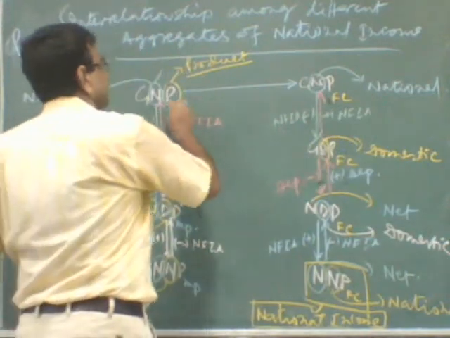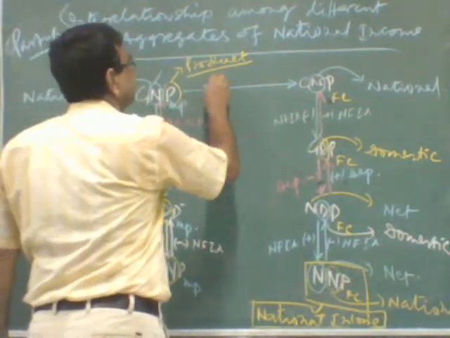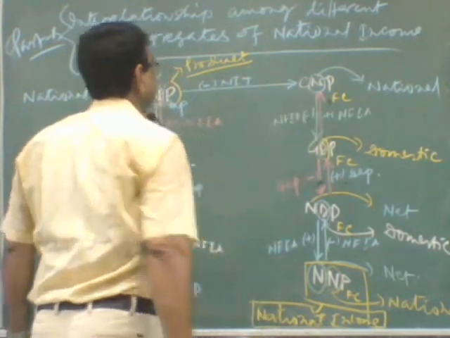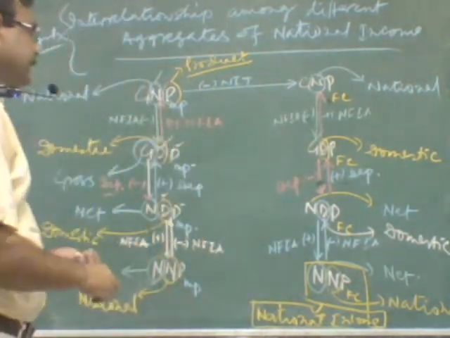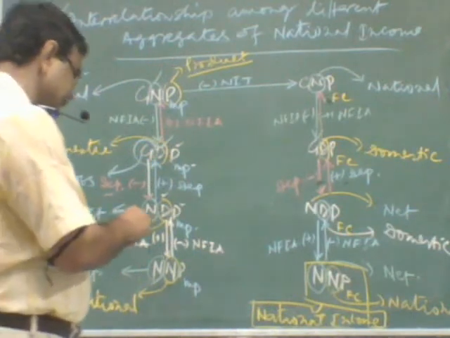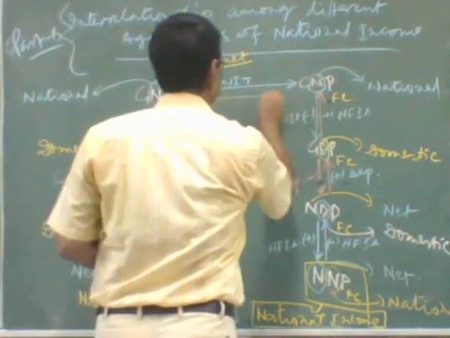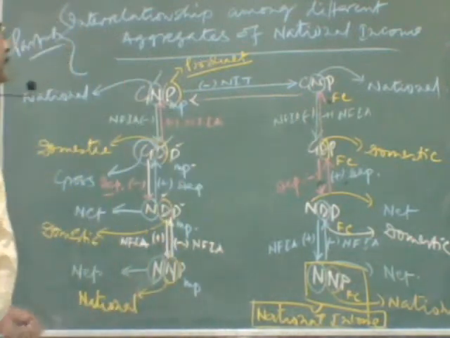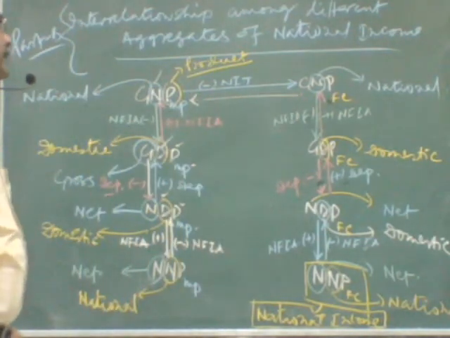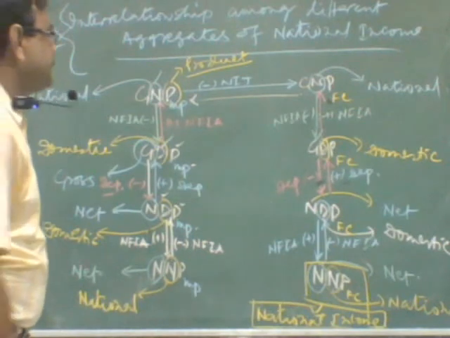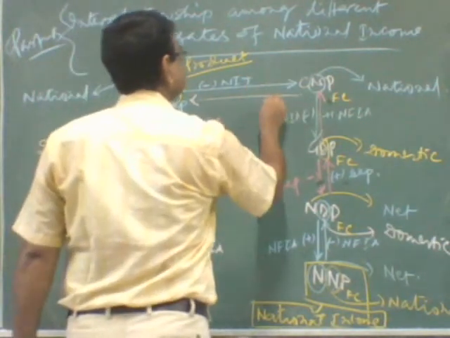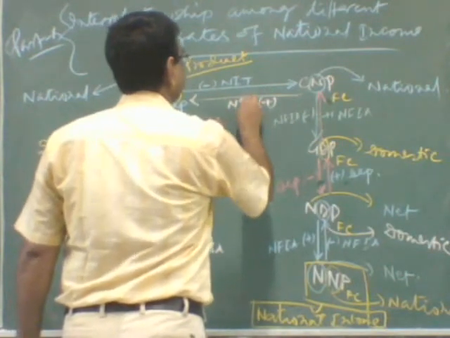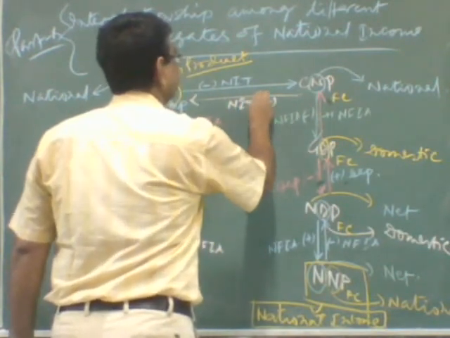That means MP minus NIT gives you FC. And whenever you have to calculate the value of MP, NIT will be added to FC, that is plus NIT.